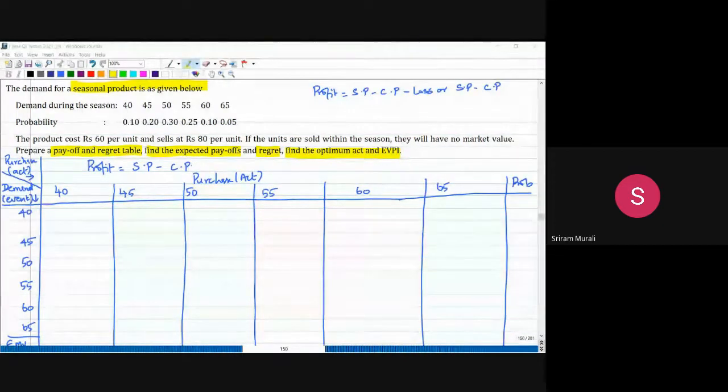First let us construct the payoff. Profit is equal to selling price minus cost price, and if there is any loss in a problem, we have to subtract it.